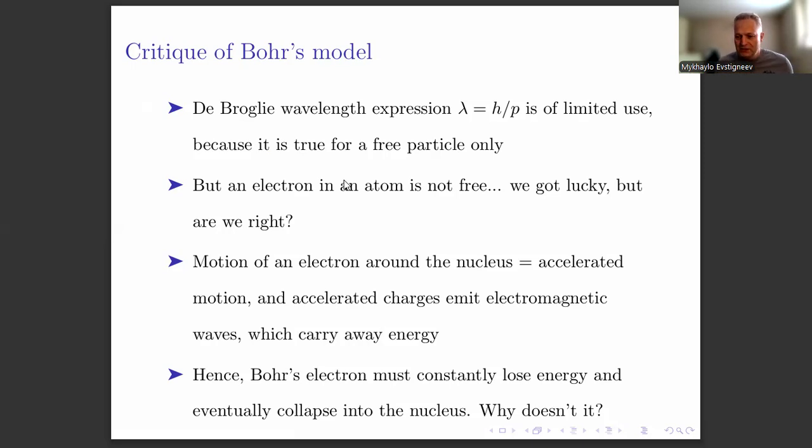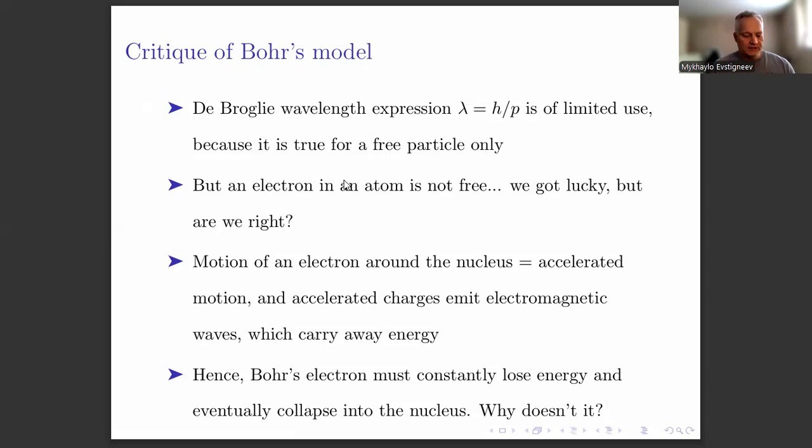So strictly speaking, we have no right to apply de Broglie's expression for electron wavelength, or we should be careful applying this expression. In the case of hydrogen, together with Niels Bohr, we did get the correct expression for the electron energies, but maybe it was just luck.